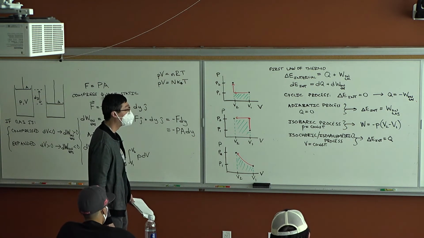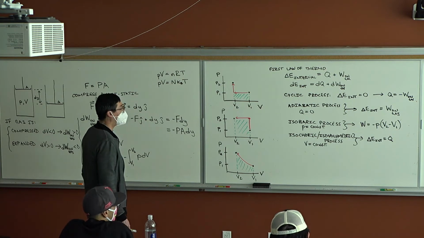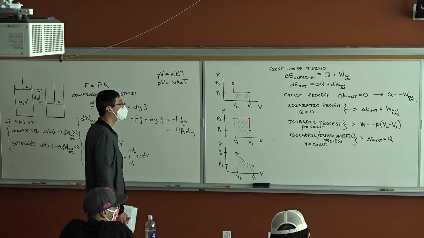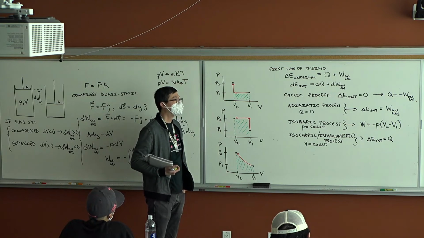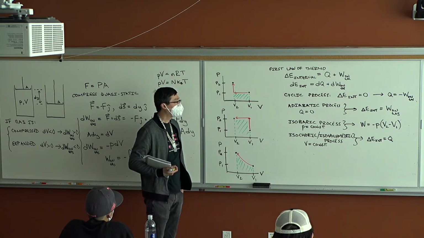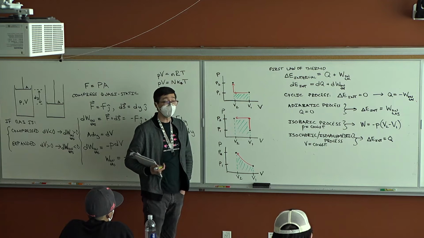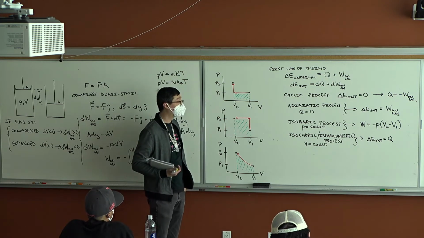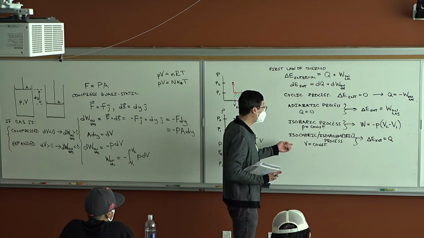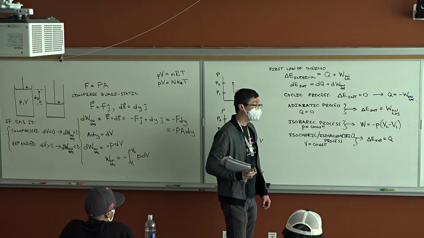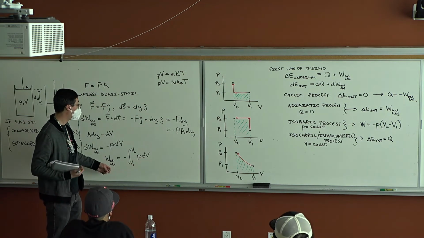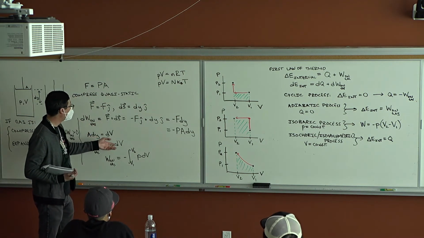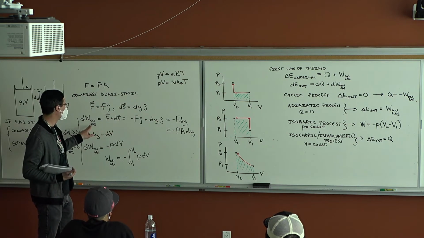Wait, but couldn't it be that the gas is doing work on the surface and the environment's doing work back? It's enclosed, isn't it? It can be in a container, right? But if there is no change in position, if there is no ds, right, there's no dW.